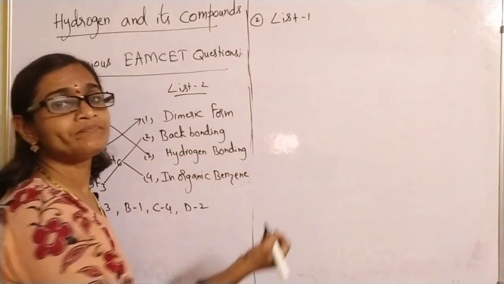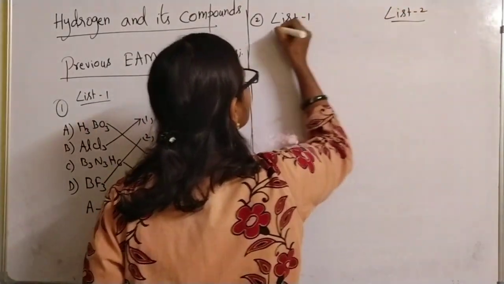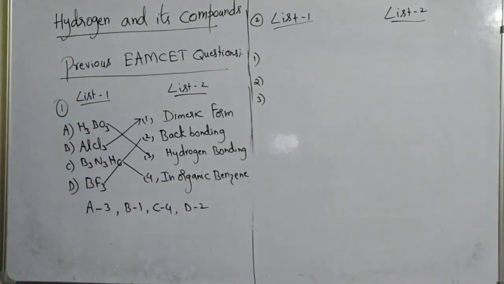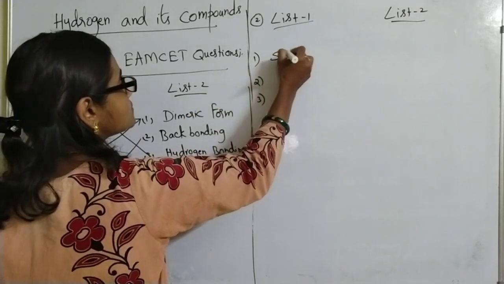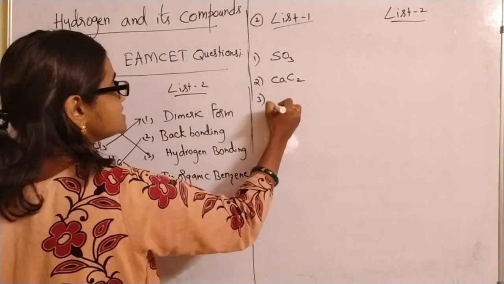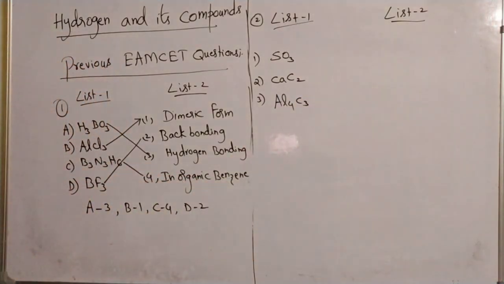SO3, CaC2, Al4C3 are given in List 1. Three items are given: SO3, CaC2 which is calcium carbide, and Al4C3, this is aluminum carbide.